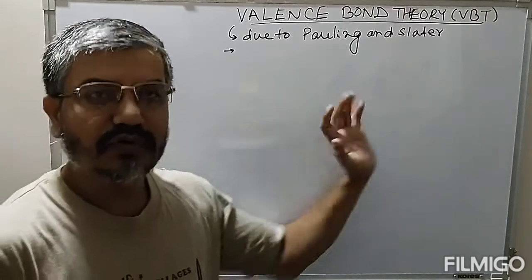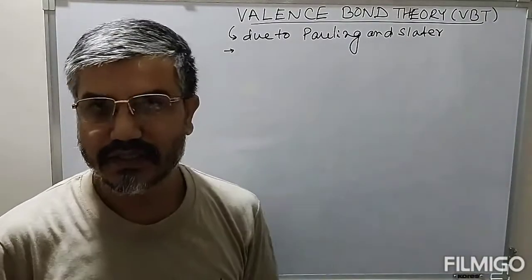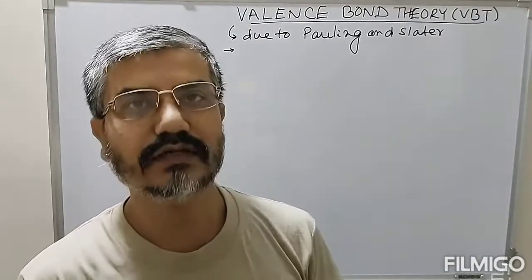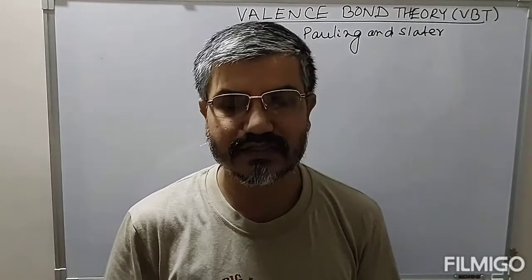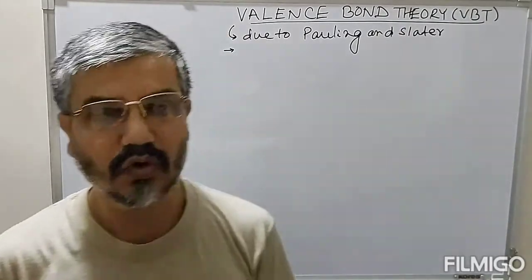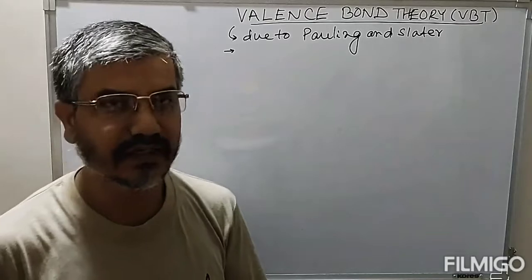Now valence bond theory, or simply VBT, takes into account the electronic structure of the central metal atom or ion in the ground state.